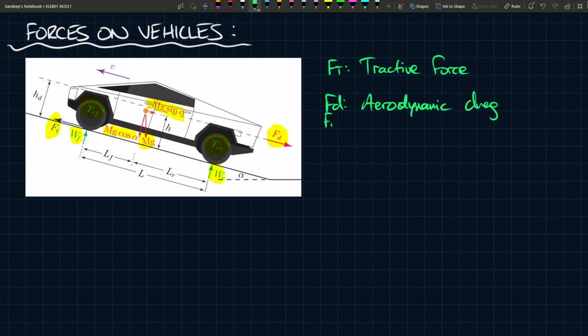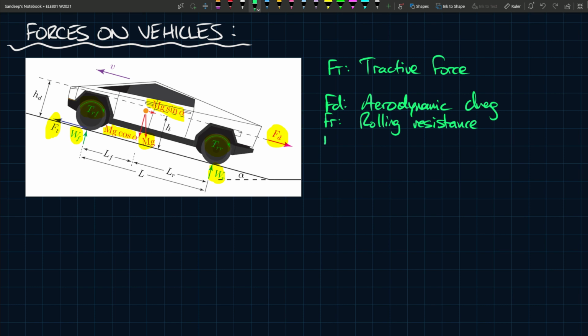There is Fr, which is called the rolling resistance, and this is due to the fact that the tires of the vehicle are not perfectly rigid, and they deform slightly when subjected to some weight, as all objects do.